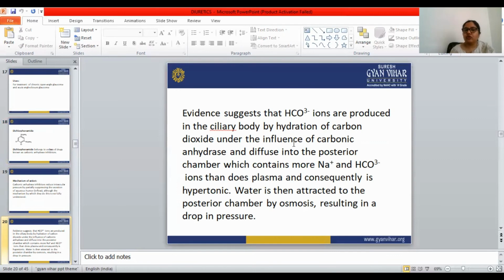So the evidence suggests the HCO3 ions are produced in the ciliary body. How are they produced?